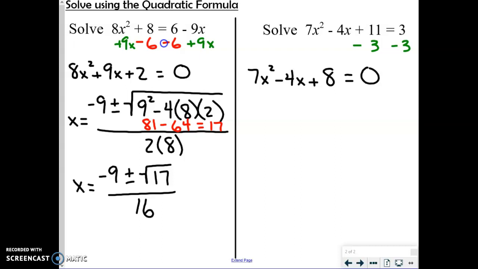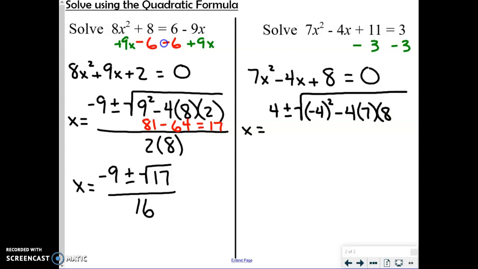So in this case, to do that, that would leave us with x is equal to the opposite of b, 4, plus or minus the square root of negative 4 squared minus 4 times 7 times 8, all over 2 times 7.